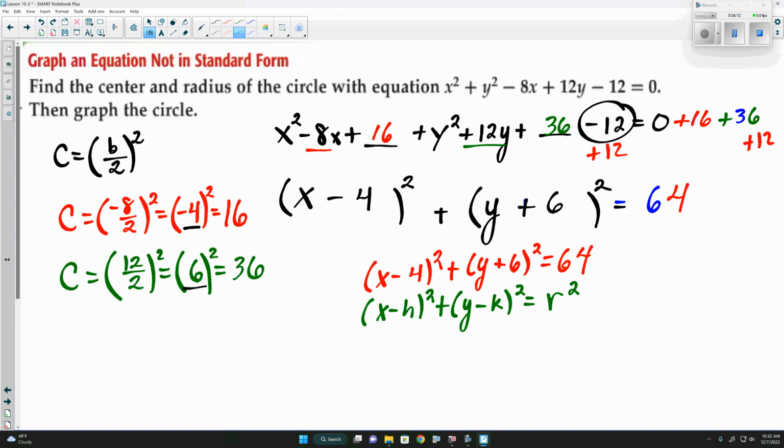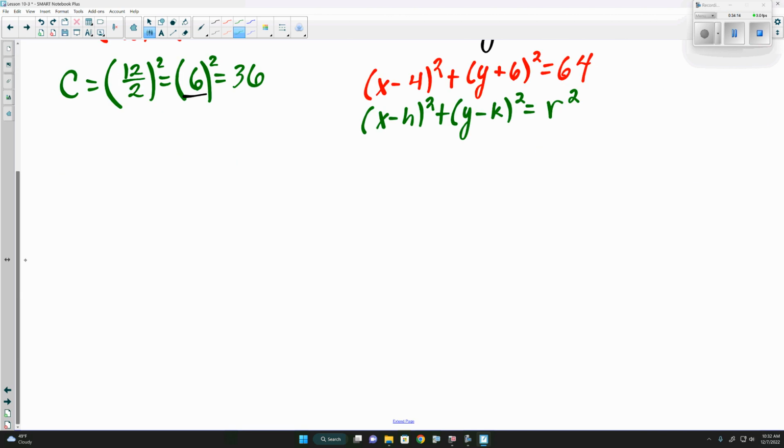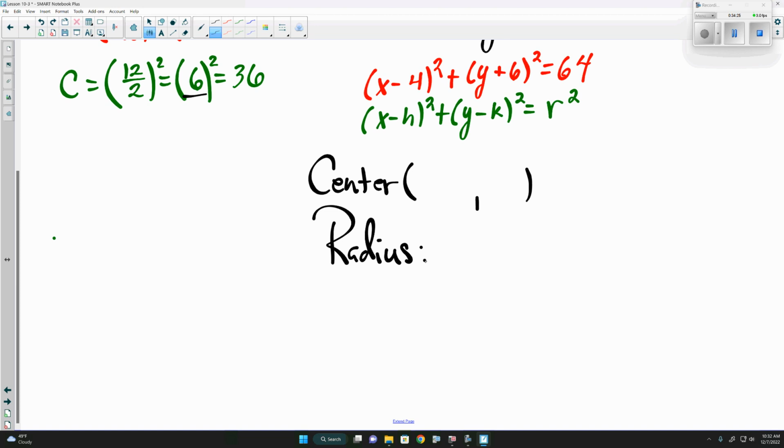So what did it ask? Center and radius, yes? Now that we have this, when we look at this, we have x minus h. In the equation we have x minus 4. The x's match up, the negatives match up. So the value of h is 4.